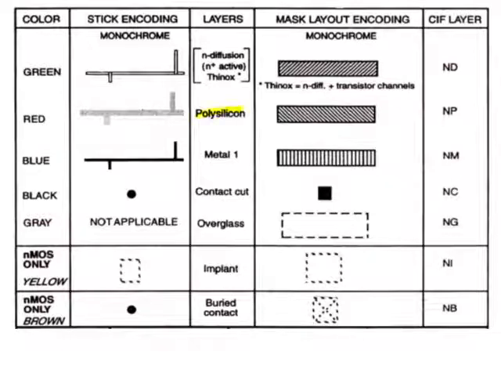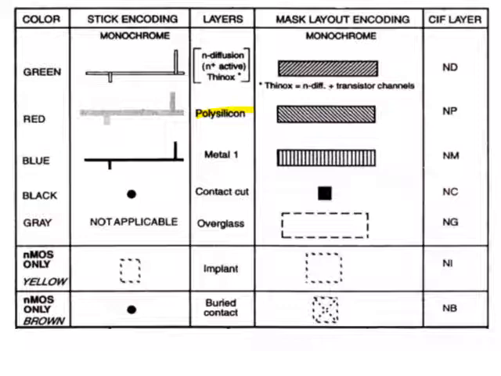The polysilicon will be red in color, and in mask layout it will look like slanted lines from left to right, and diffusion will be from right to left. Metal one in this way, contact cut, implant, buried contact, etc.